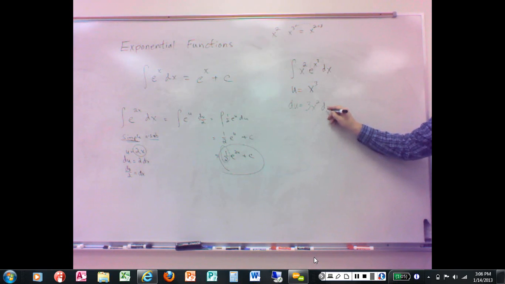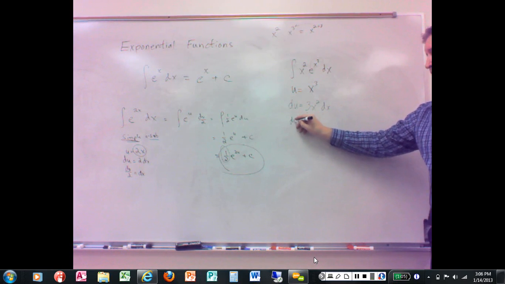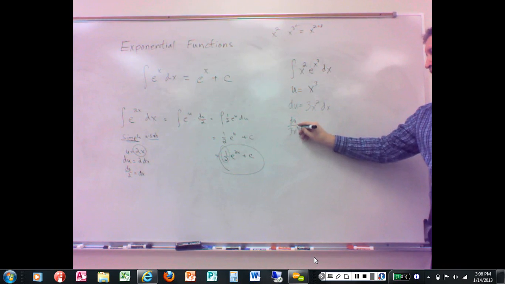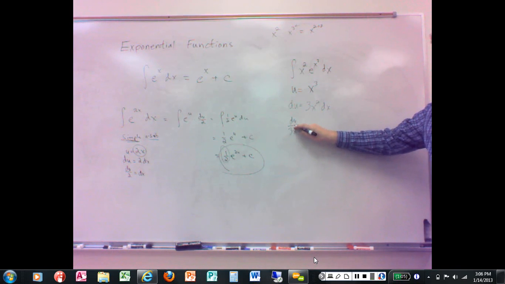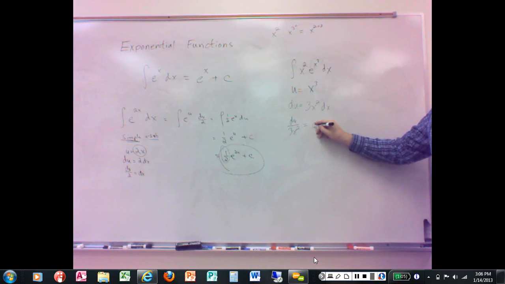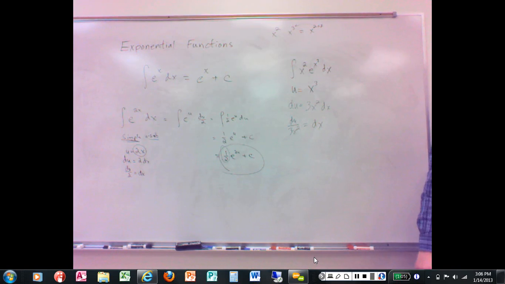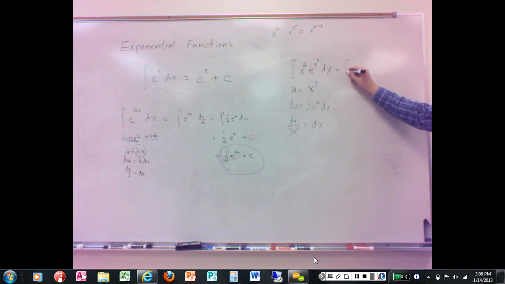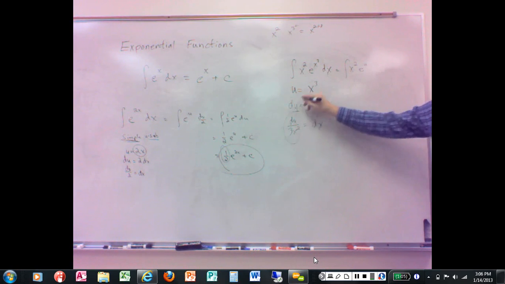I like to go ahead and divide off the 3x squared. That's my dx. Make that substitution. U is x cubed, so that would be e to the u, and dx is du over 3x squared.